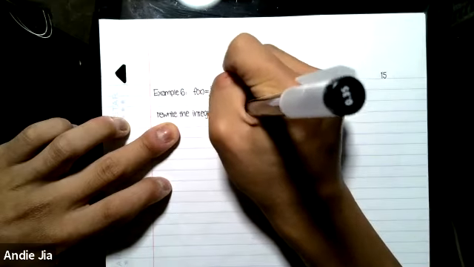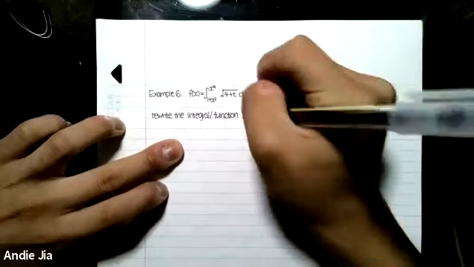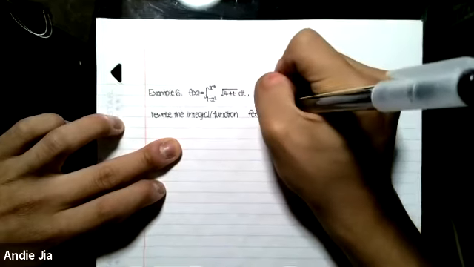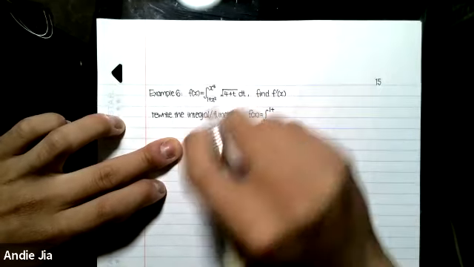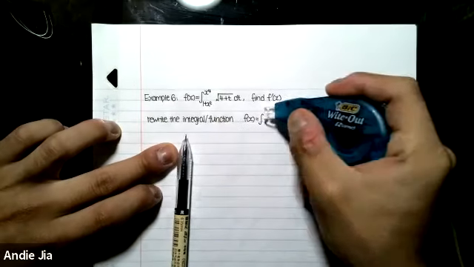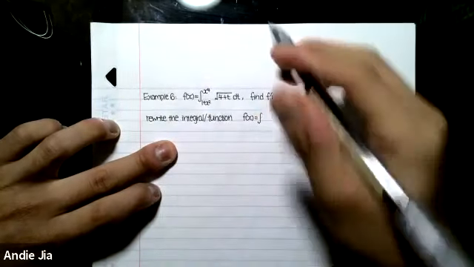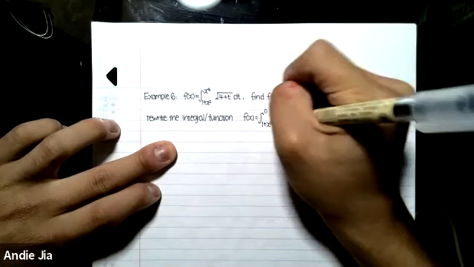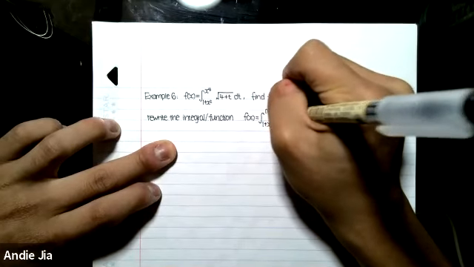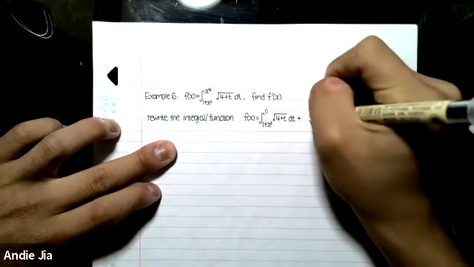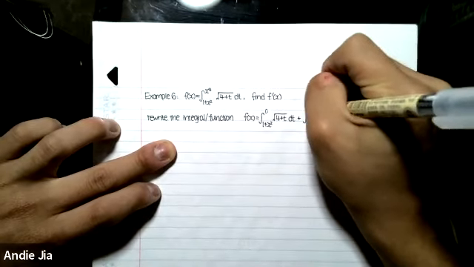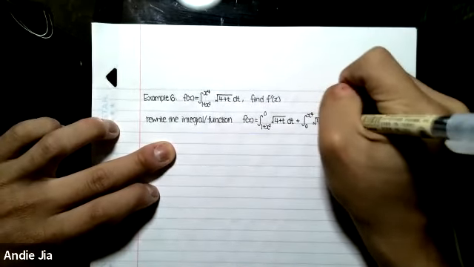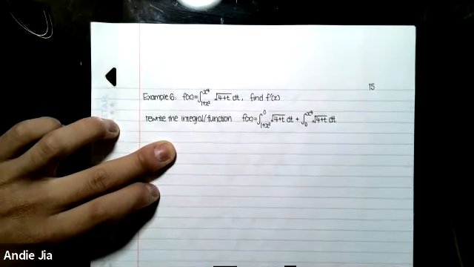The function f of x equals the integral from 0 to 1 plus x squared of 4 plus t dt, plus the integral from x to the fourth to 0 of 4 plus t dt.